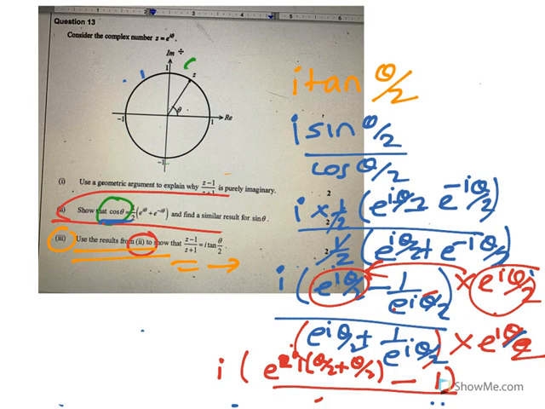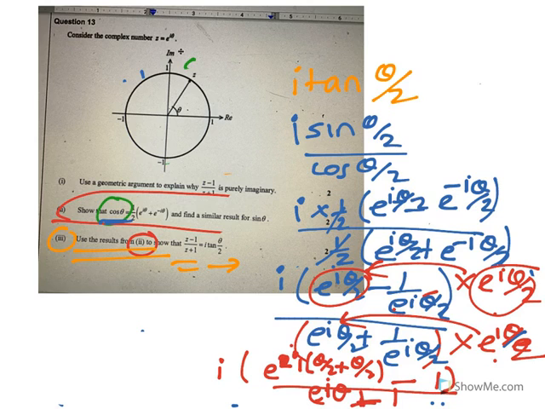And on the bottom, that will be e to the i theta as well, which gives you i theta, and then on the bottom, it's going to be plus 1.